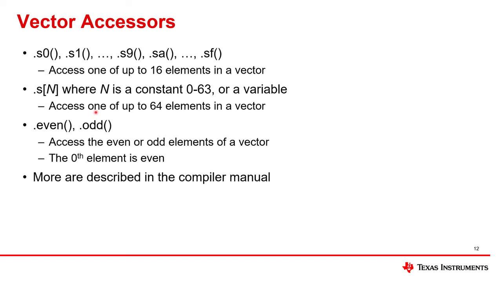If you ever want to write a loop that prints out, say, each element of a vector, this would probably be the best one to do that with. You could put s[i] in there. .even and .odd are more of a grouping of a vector, sort of like high and low that I showed on the previous slide, but giving you the even and the odd elements, where the 0th element is even. There are a few others that I don't describe in this video, but they are in the compiler manual.